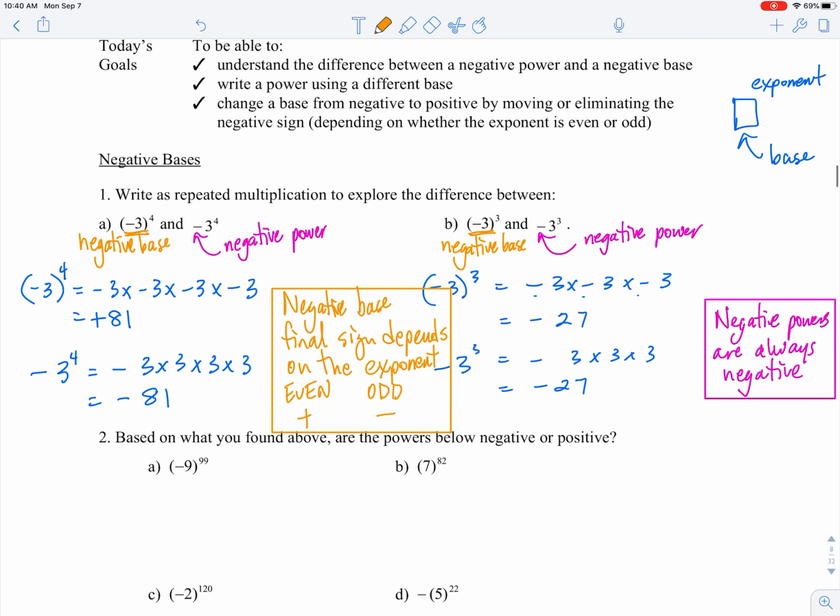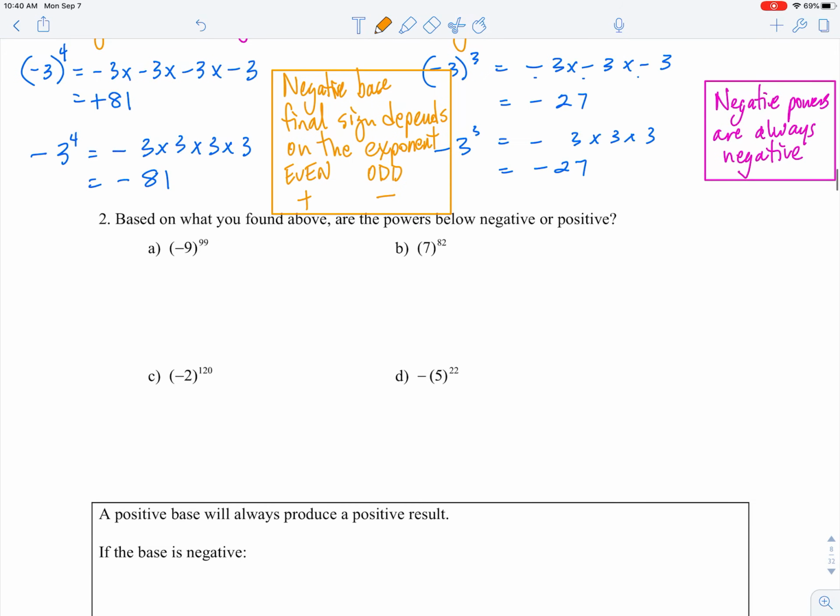And so based on what we found out here, are the powers below negative or positive? Here we have an odd exponent because 99 is odd. So that means we have a negative base with an odd exponent. That means our final answer is going to be negative.